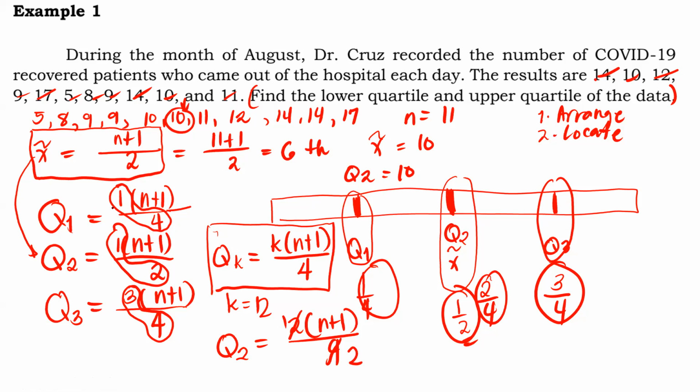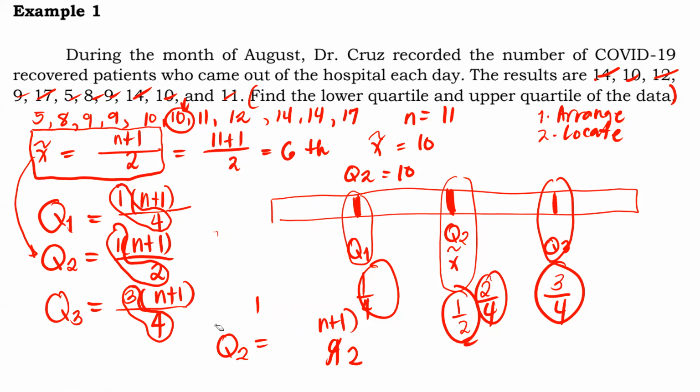Well, this is 1/2 of the data, and this is 3/4 of the data. So even if you can't remember it, as long as you remember that Q sub 1 is 1/4 of the data, Q sub 2 is 1/2 of the data, and Q sub 3 is 3/4 of the data, you will remember the formula.